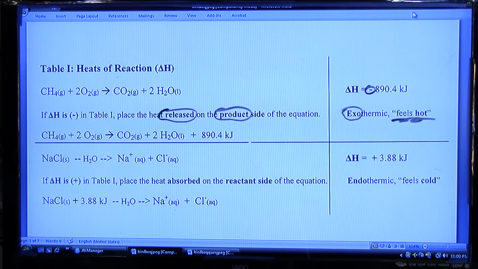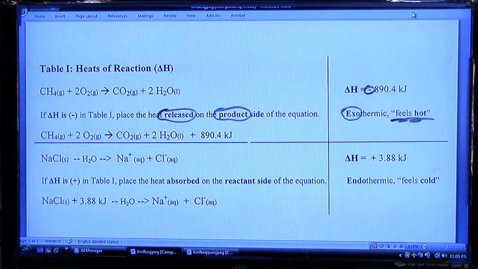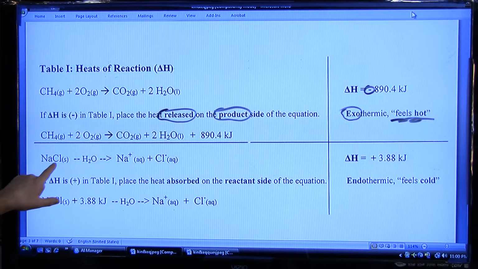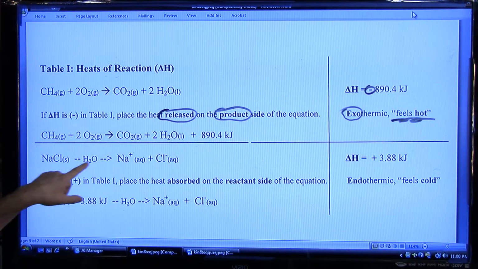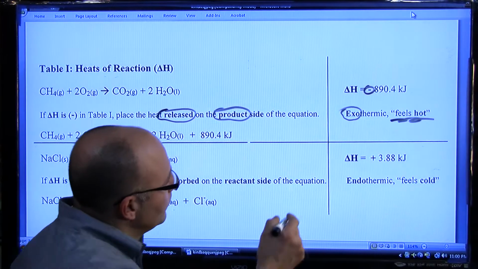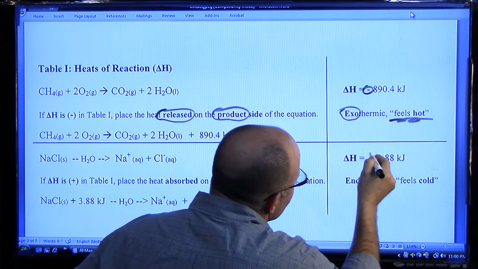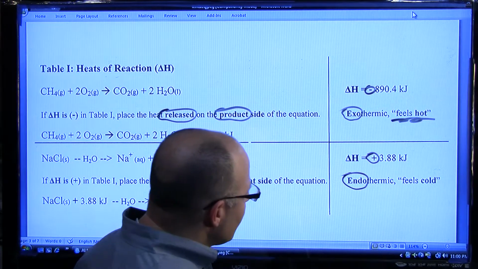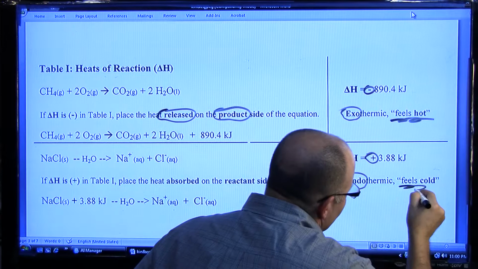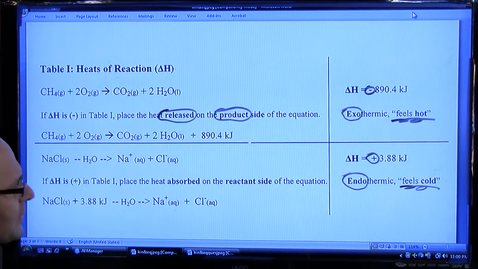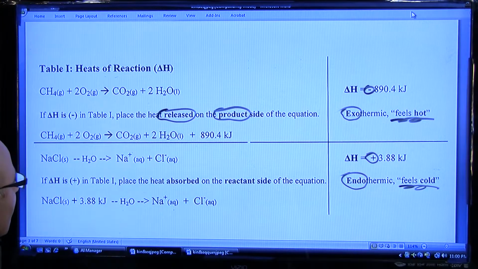On the other hand, if you look at this equation towards the bottom of Table I, which if you recall represents the dissolving of sodium chloride in water, notice the ions that split and the water being the solvent, you'd find that this process is endothermic, which means that it's going to feel cold because the dissolving of most solids, as I mentioned in the solutions unit, is overall endothermic.